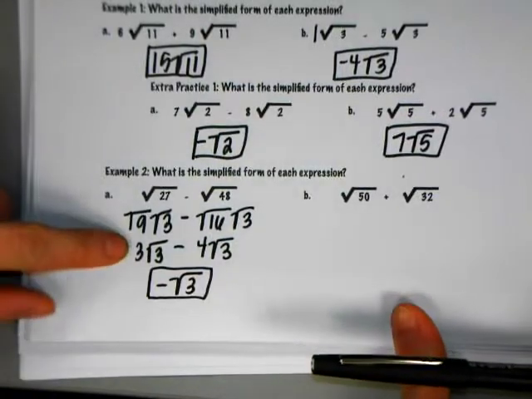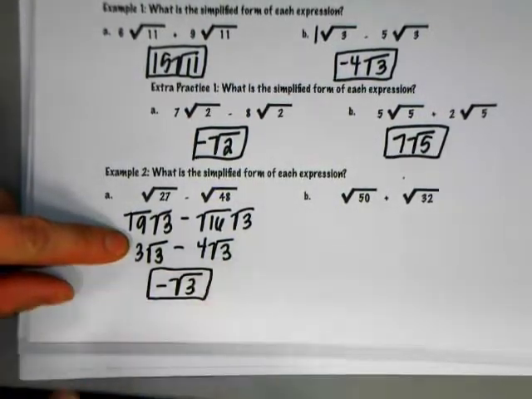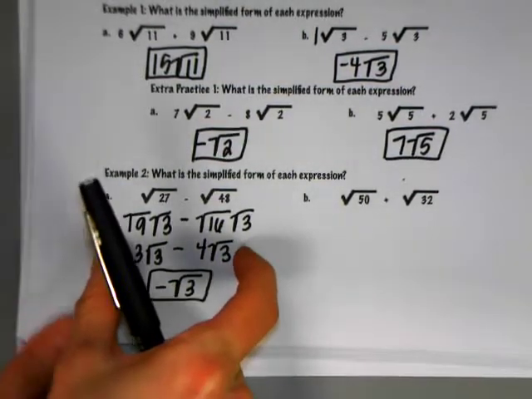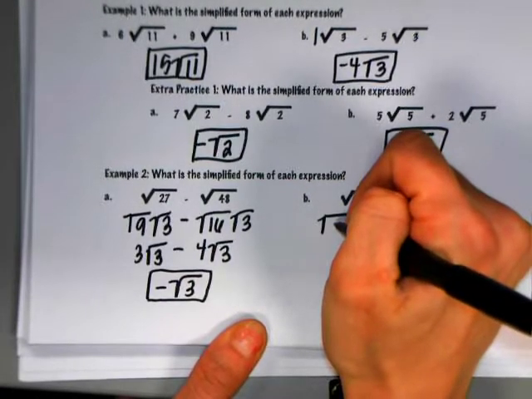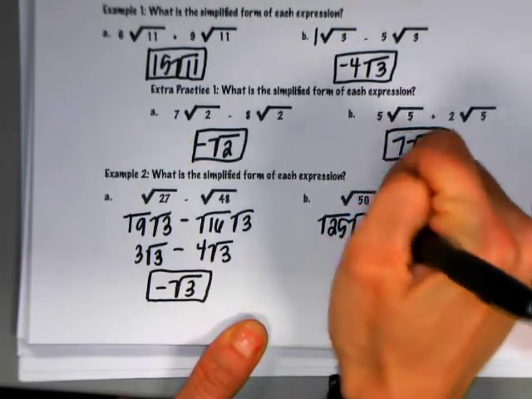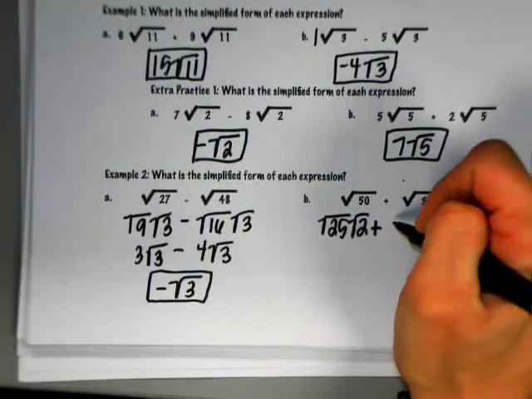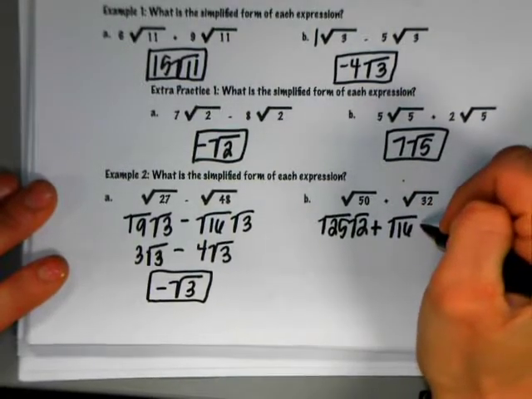And then if what you are left with are not like radicals, double check that you can't keep breaking down one of them. But if you truly can't, then you'll put that whole thing as the answer. Okay? All right, so 50, what would I use for 50? Yeah, 25 times 2. And what about 32? Yep, 16 times 2.